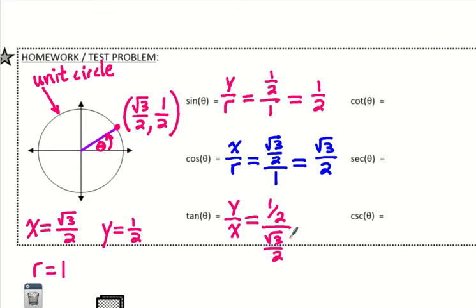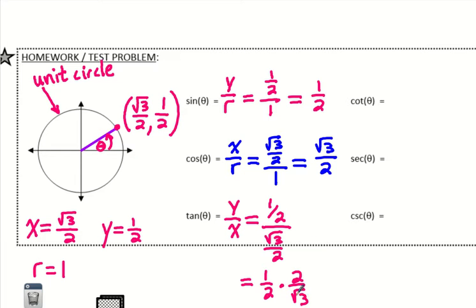It's a fraction divided by a fraction. The big question is, how do I divide by a fraction? Well, you should know this. In order to divide by a fraction, you multiply by its reciprocal. So this can be rewritten as 1/2 times 2 over root 3.